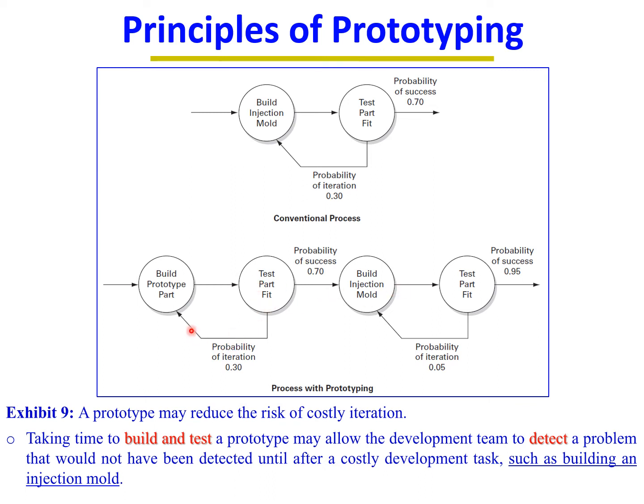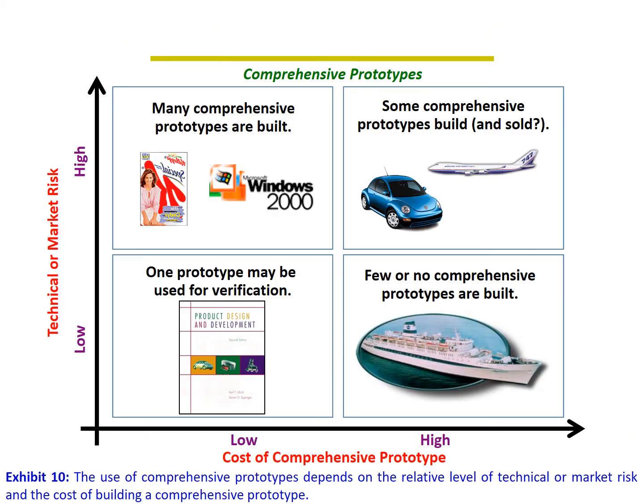But if this happens, you will only change the prototype, and now the prototype has passed. So now you will build the actual. So in this case, when you test, there is 95% chance that there will be success, and only a 5% chance that you will have to go back, right? So having the prototype really improves your chances of success, but it adds the cost of the prototype. So this decision is always a tricky decision for the design team and the management.